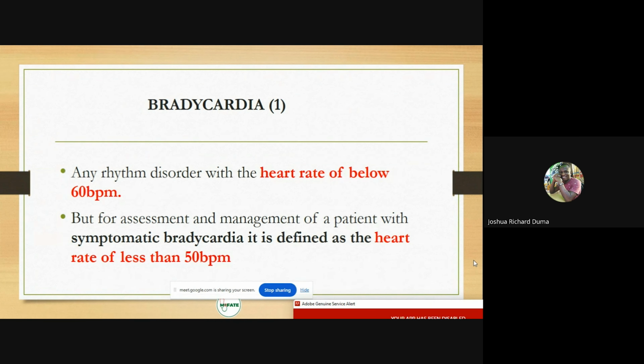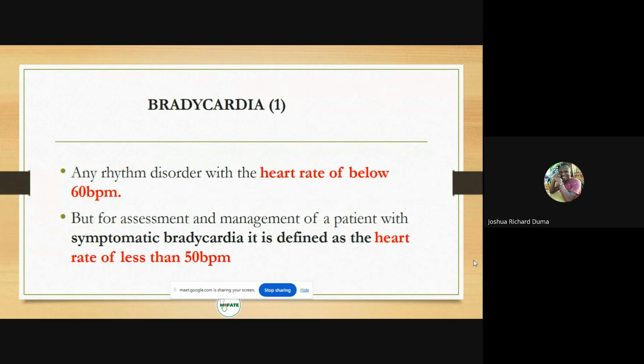So you can observe the heart rate through the monitor, and whenever it is below 60, it's an alert that this patient is running bradycardic. You need to be aware and take action. Once you have this idea of ECG and management, it's quite easy to take action as a nurse, specifically in a critically ill setting.